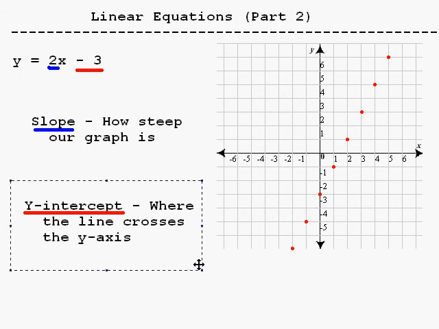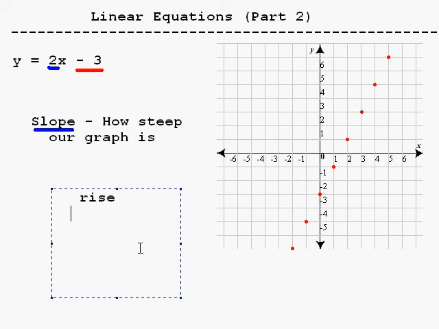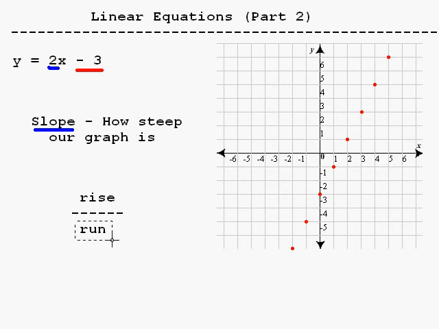Our slope is going to be in the form of a fraction. And it's going to look like this: a rise portion divided by a run portion. And this is where the idea of rise over run comes from. So if you notice that we were going over 1, up 2, our rise is 2 and our run is 1.